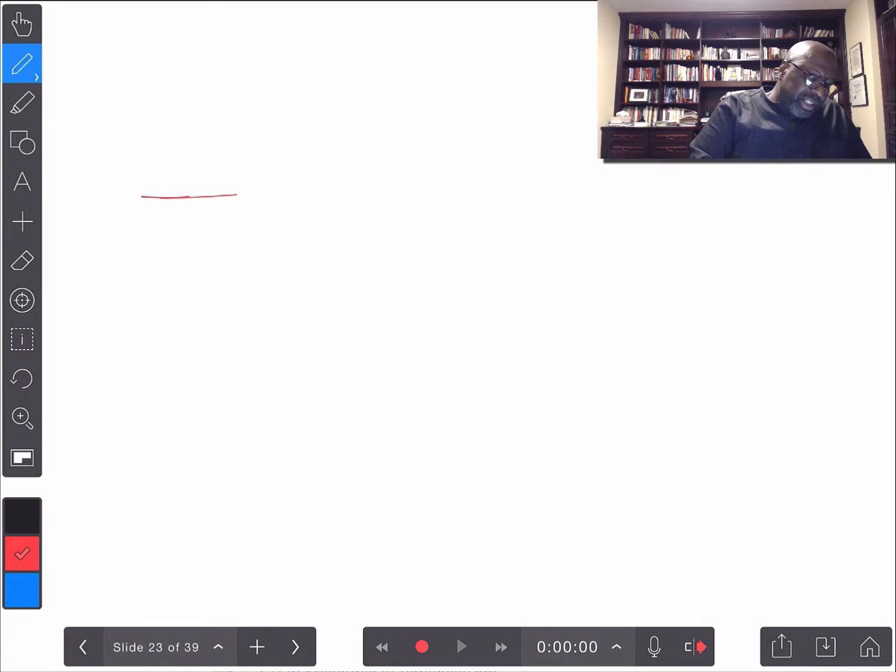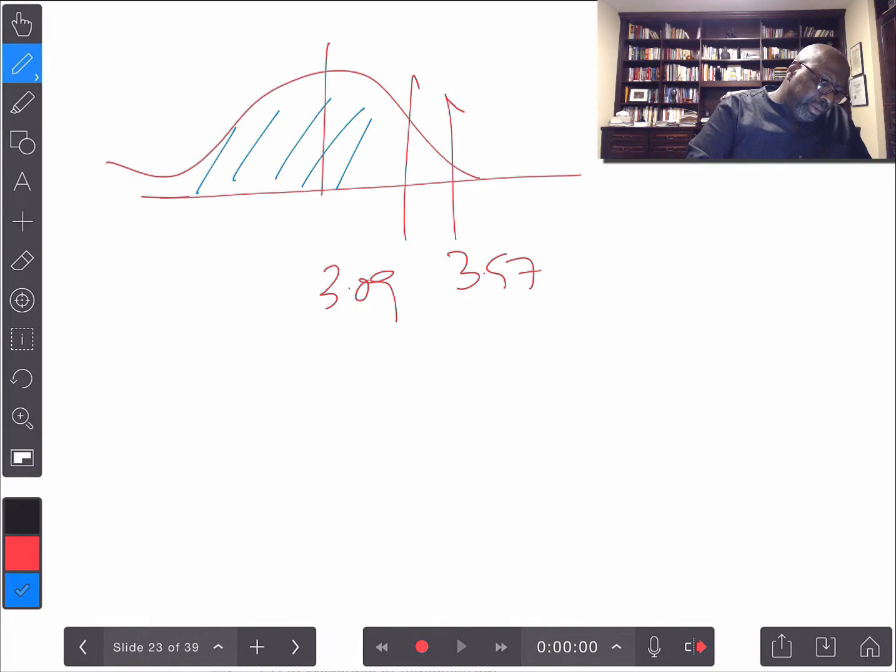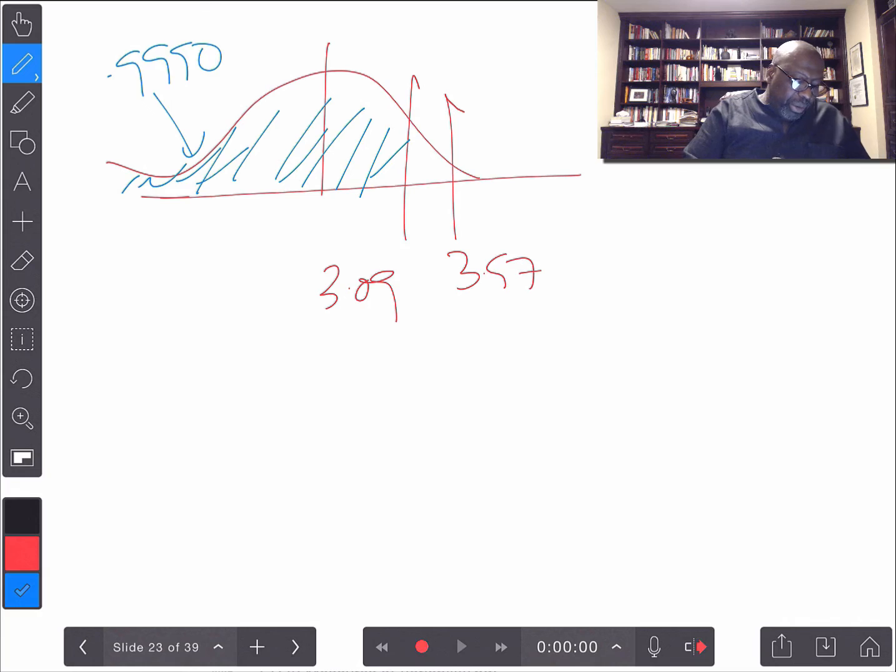So what we're essentially saying is this, that if we are interested in this probability of 3.97, correct? Now, at 3.09, this area shaded in blue is 0.9990, which means the area to the right of 3.09 would be 0.001.